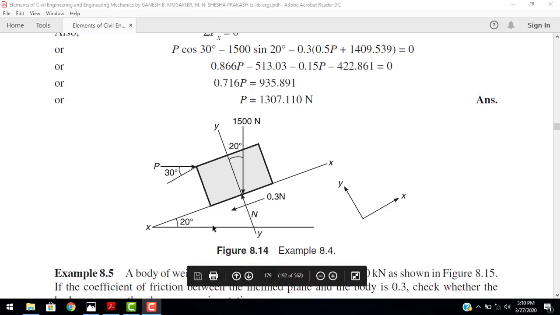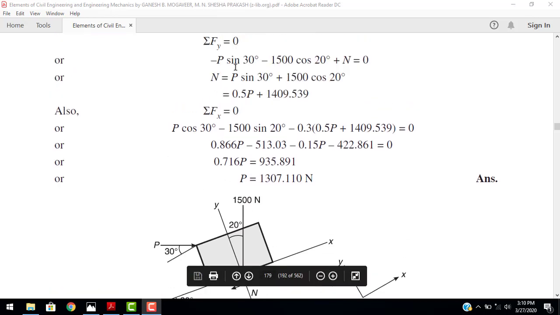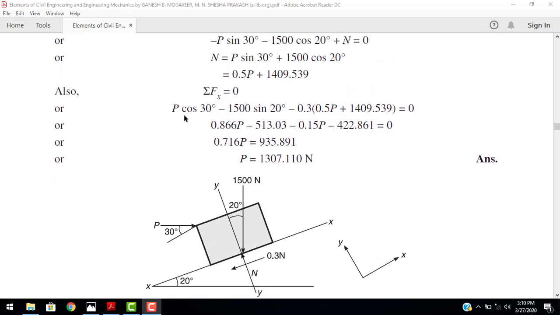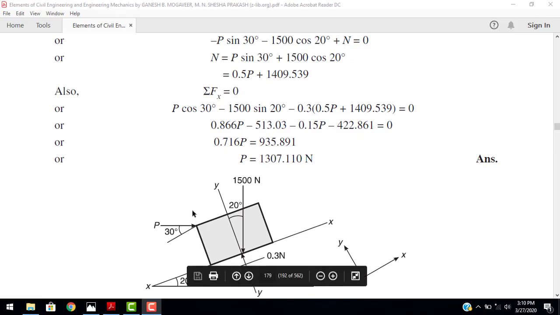Now for this free body diagram we will apply the condition of equilibrium, that is sigma Fy equal to 0. The forces acting in the vertical direction are the vertical component of this force P, that is P sine 30 degrees, which acts in the downward direction, so minus P sine 30 degrees, and the vertical component of this 1500 Newton, 1500 cos 20 degrees, that is minus.